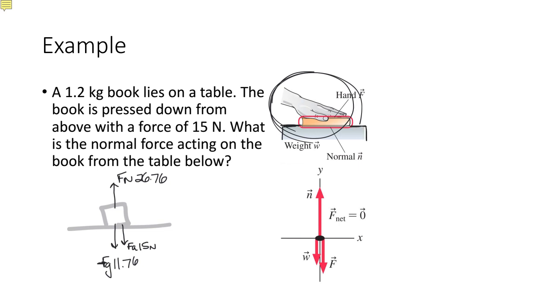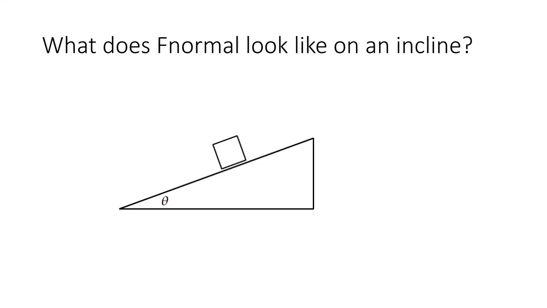That's a concept for future physics, but every object has its own breaking point and the amount of force that it's able to withstand before it shatters. So until you reach that point, the more force you apply on an object, the more the normal force will increase. So if you push down with an extra 5 newtons of force, your normal force would increase to match that. So the next question is, what does normal force look like on an incline?